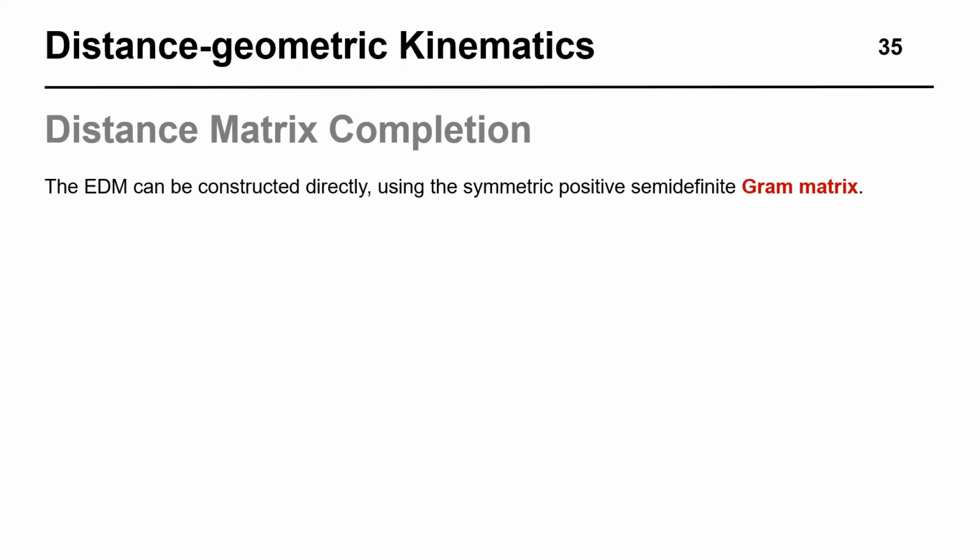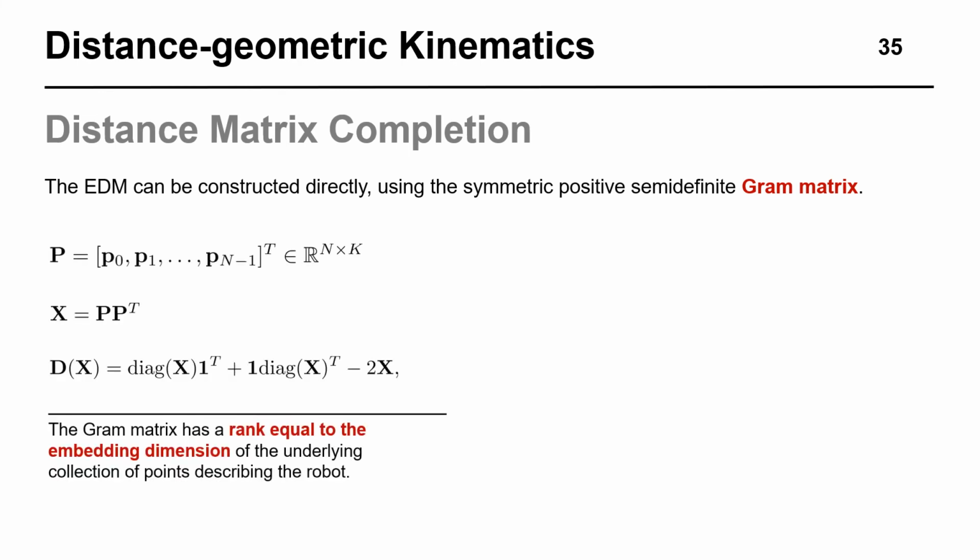So the Euclidean distance matrix can be constructed directly in matrix form using the so-called Gram matrix. By arranging points into matrices, we obtain the Gram matrix using a simple matrix product. Then, the Euclidean distance matrix can be obtained by using a simple linear identity.